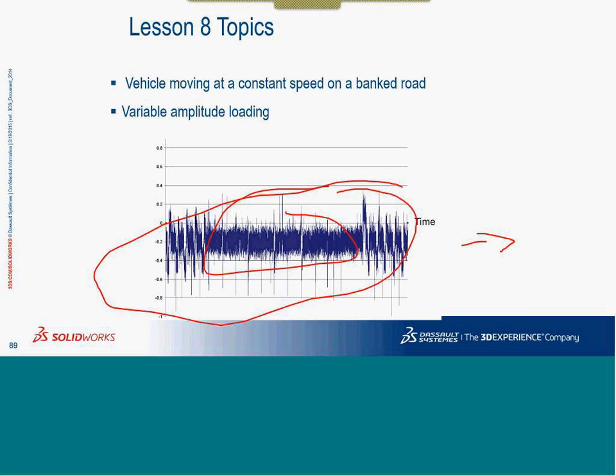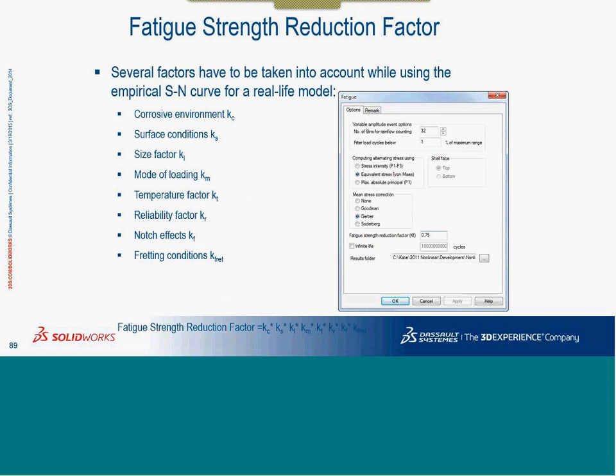Okay. Other options are here, computing alternating stresses. As I told you, the SN curve is actually comparing the alternating stress versus the mean number of cycles. So the alternating stress has to be calculated to compare in the software, and for that the point is which particular stress has to be used for calculating the alternating stress.